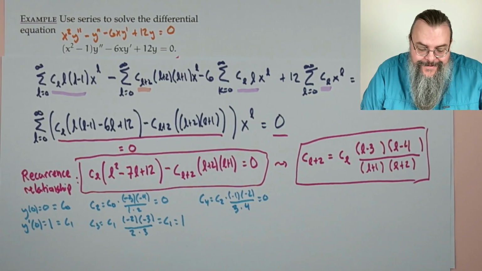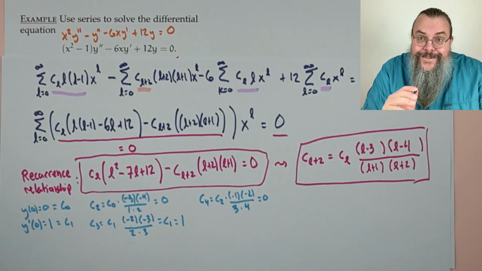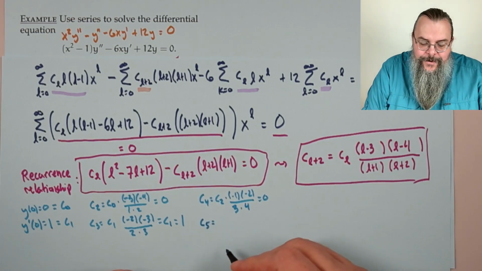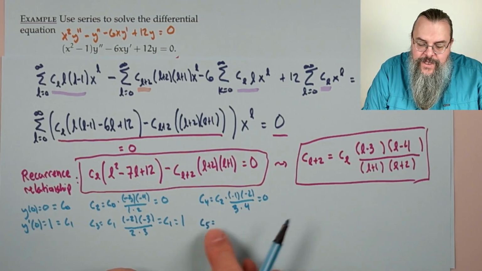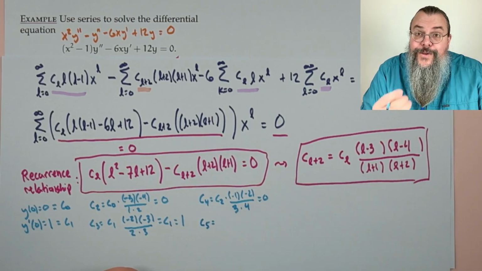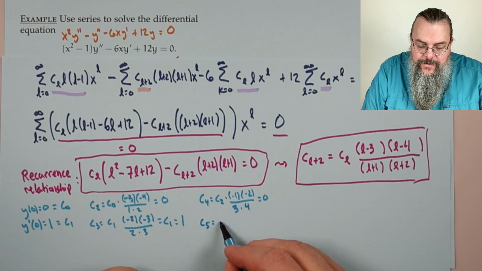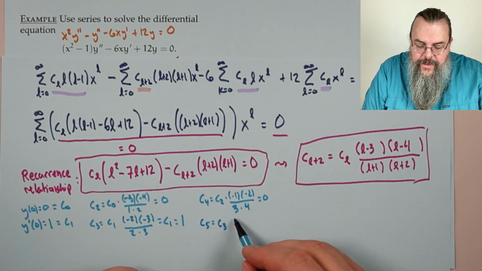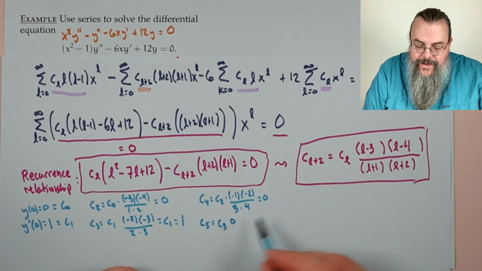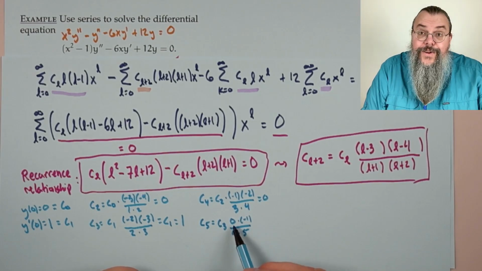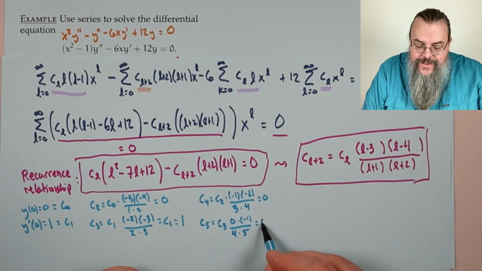What about the odds? Okay, hold on, we'll get there. C5, what do we see? Now C5 would be L equals 3. So what does that give us? Well, C3, then we're going to have 3 minus 3 is 0. Then 3 minus 4 is negative 1. 3 plus 1 is 4. 3 plus 2 is 5. Wait, 0. So that's 0.